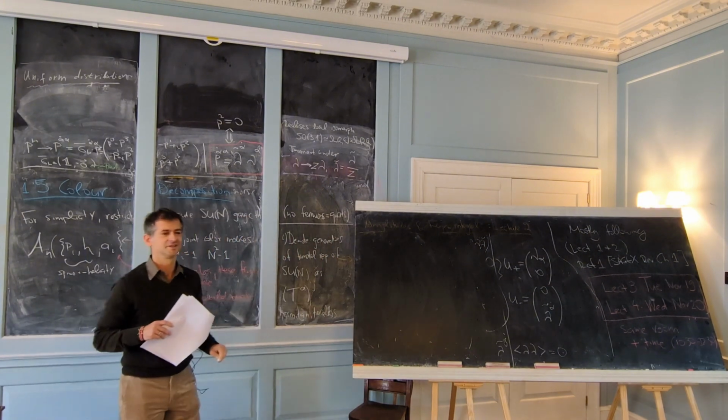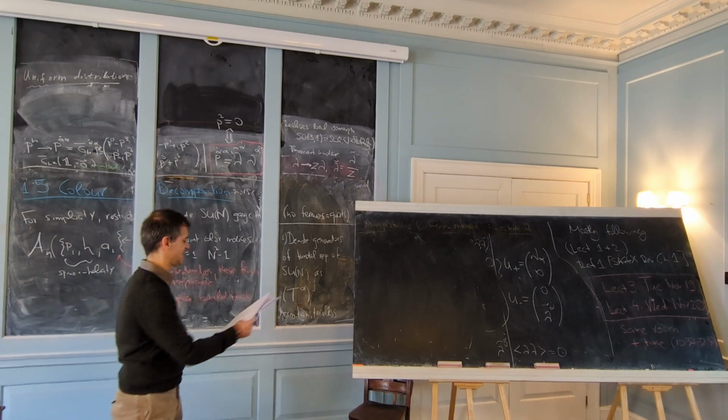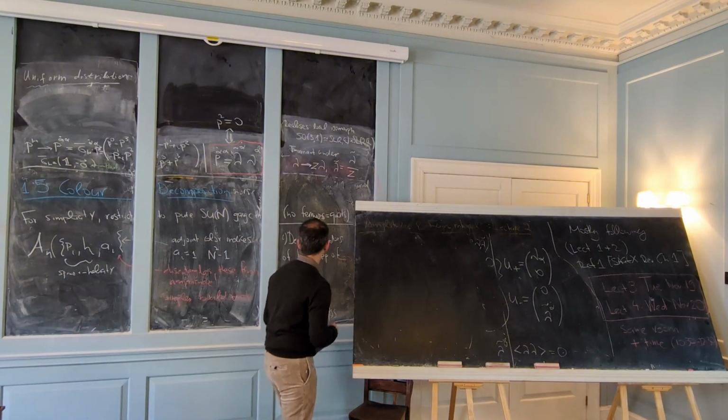Of what dimension? N by N, exactly. So i and j go from 1 to N.